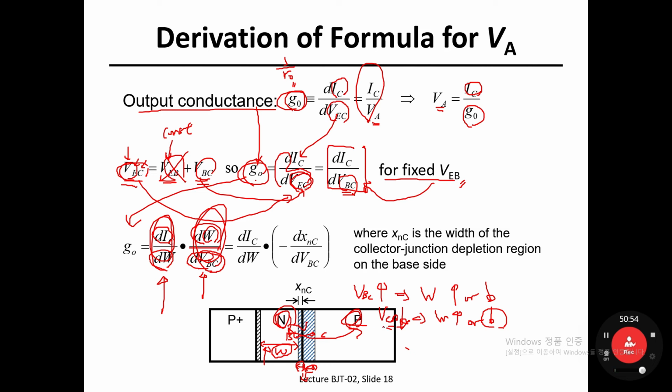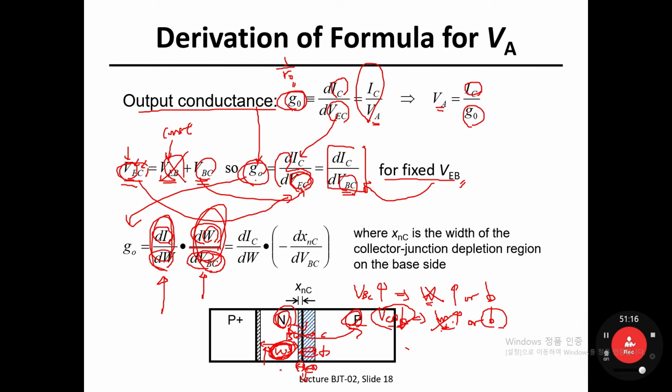So again, with a smaller VCB, your depletion layer width decreases. In other words, the quasi-neutral base width W increases. Don't be confused with the depletion layer width that I have just explained.